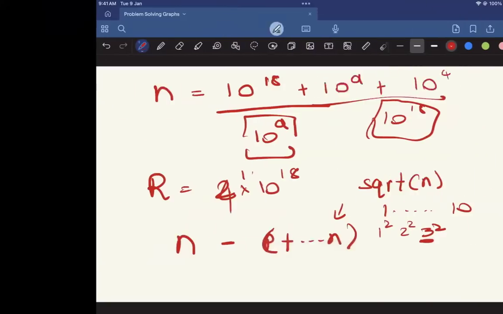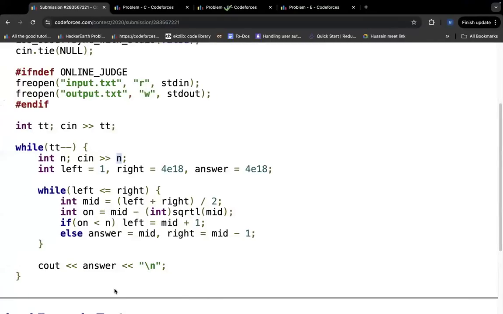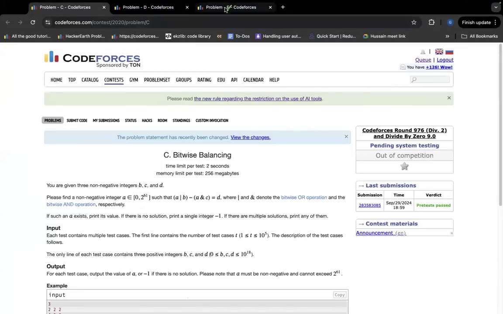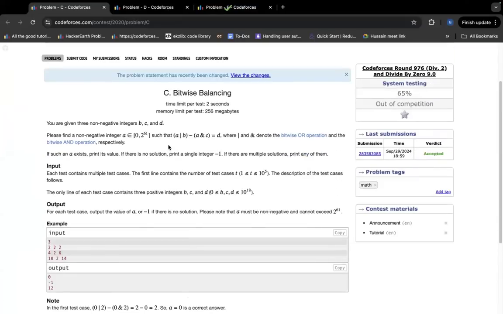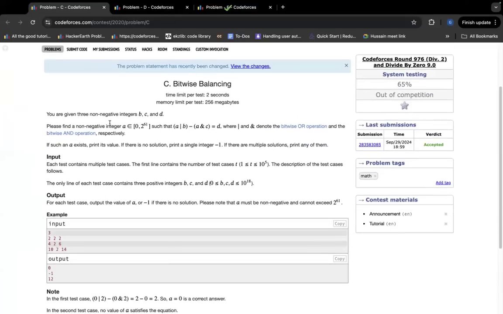All right. So that is more or less it for this particular problem. I hope this is clear for every one of y'all. Now, moving on to problem C. Now, guys, what is problem C and how can you solve it?